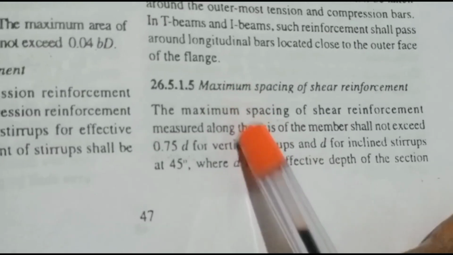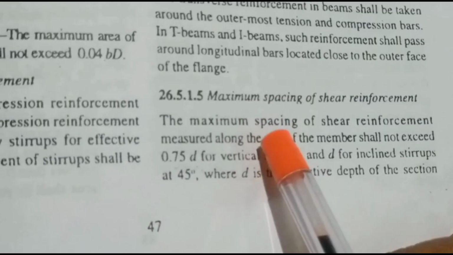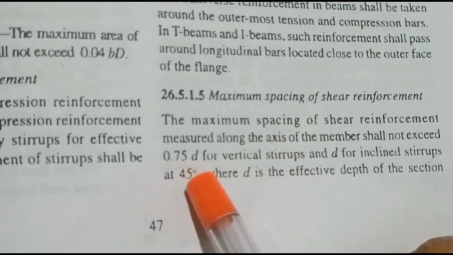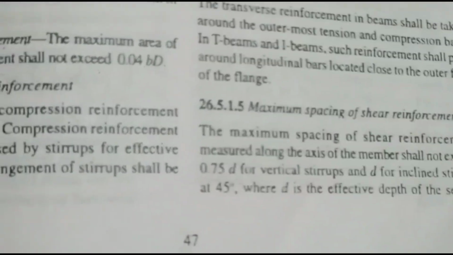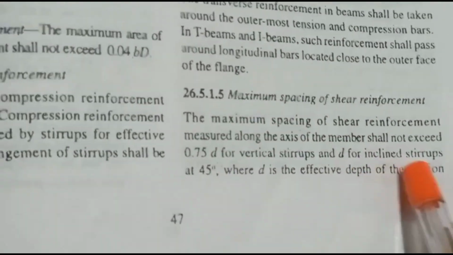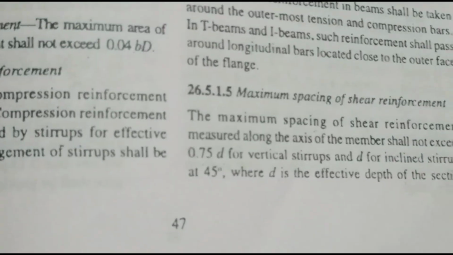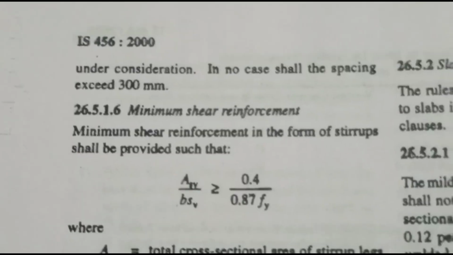What they have said? They have said our spacing of stirrups should not be greater than 0.75 D for vertical stirrups, and D for inclined stirrup at 45 degree, where D is the effective depth of the section.